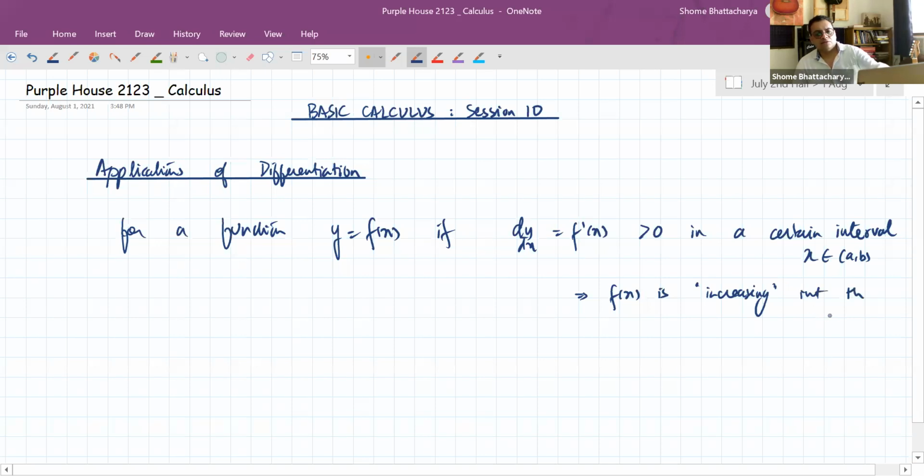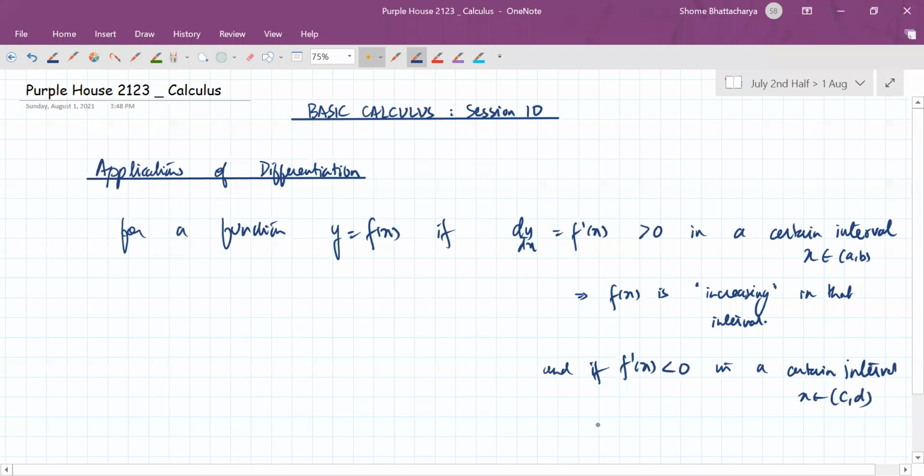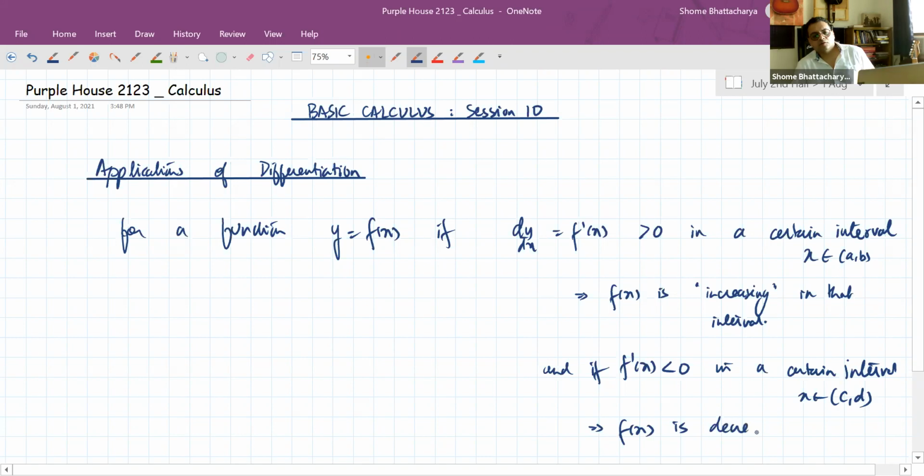In that very interval, similarly, if the derivative of the function is negative, less than 0, in another interval, let's say x belonging to c to d or something, that means the function is decreasing in that interval.